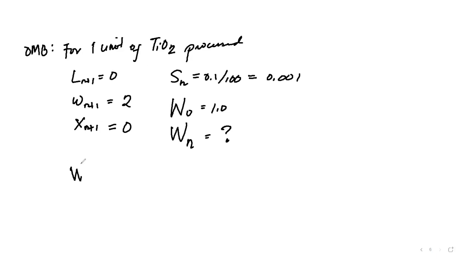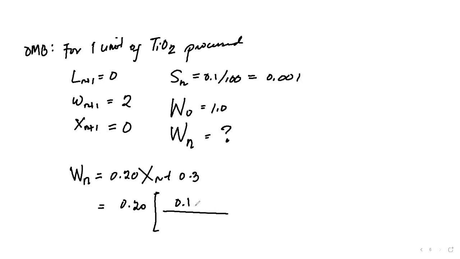So you have W sub n is equal to 0.20 x sub n plus 0.3. So in the case of the nth thickener, we'll have a 0.2, and we know that in our nth thickener in the underflow, we have 0.1 of the salt remaining.